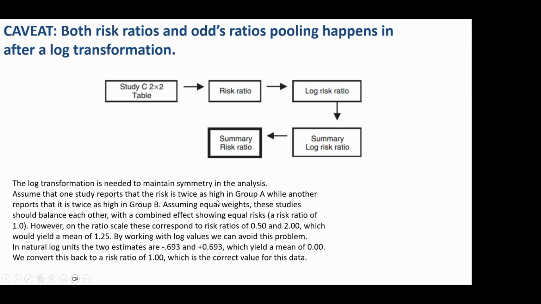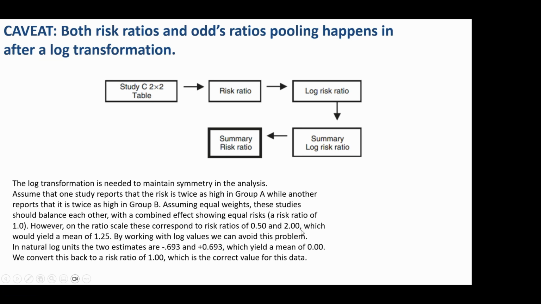If you assume that one study reports that the risk is twice as high in group A, while another study reports that it is twice as high in group B, assuming equal weights, these studies should balance each other with the combined effect showing equal risk, a risk ratio of 1. However, on the ratio scale, this corresponds to risk ratios of 0.5 and 2.